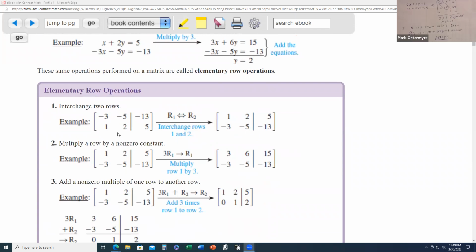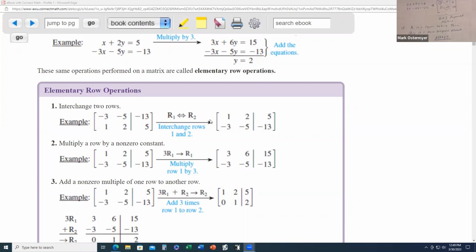Do you agree that by interchanging two equations in that system, that's really equivalent to having interchanged rows 1 and 2? So one elementary row operation that is legal to subject a matrix to is we can always interchange any two rows. And by doing so, we still have an equivalent matrix, hence an equivalent system of equations being represented.